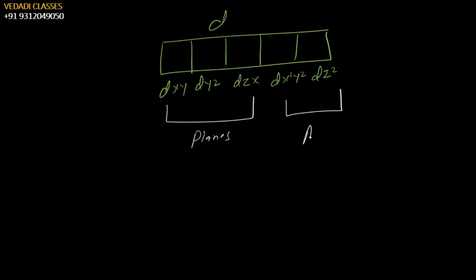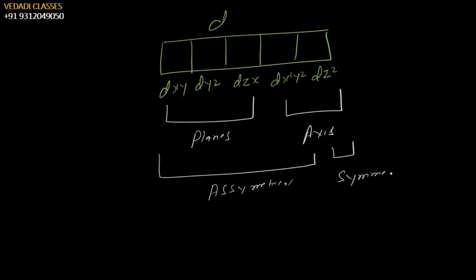These two are formed along the axes. These 4 are asymmetrical, and this dz square is a symmetrical one. What is the meaning of this? We'll discuss it one by one.